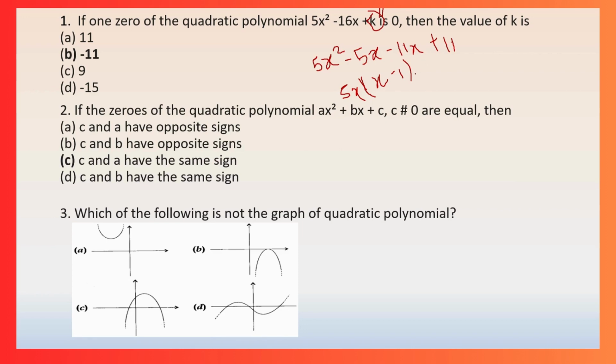So for that we have to put minus 11 here, and because it is minus minus plus, the common factor will be x minus 1. So x minus 1 is there on both sides, and also 5x minus 11. So in this case positive 11 will be the right answer.